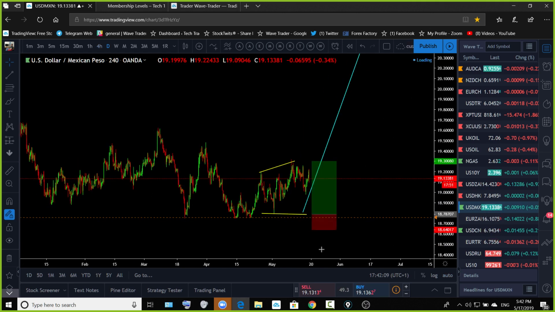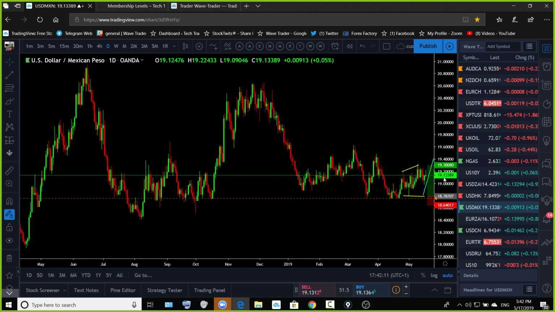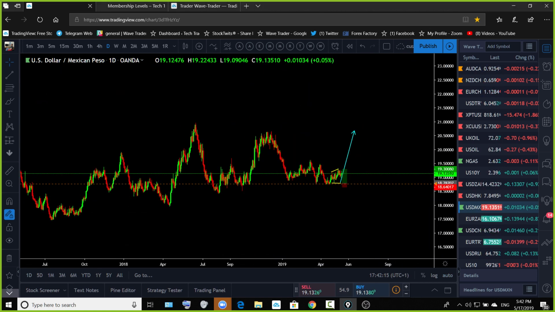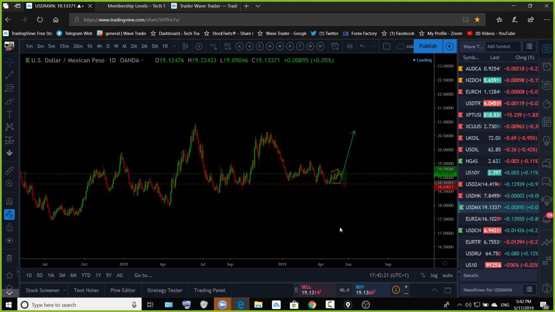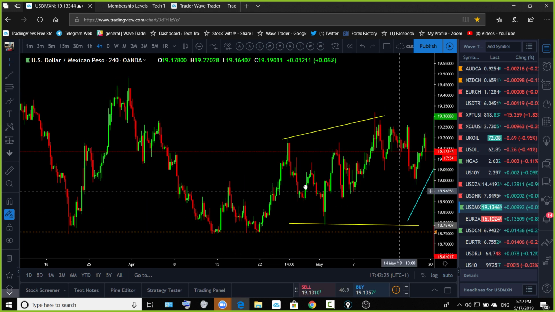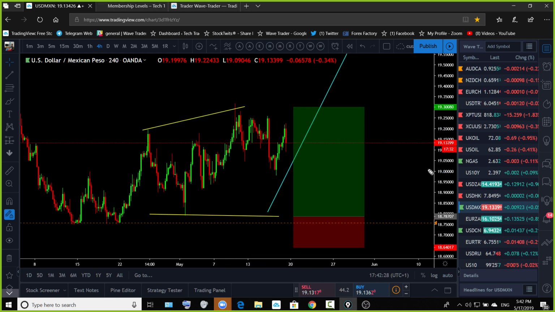All right, dollar peso to go down, and that's the wave which we are expecting on the dollar peso, right? So on lower time frame, go down, hit that bottom, and then reverse for upside.